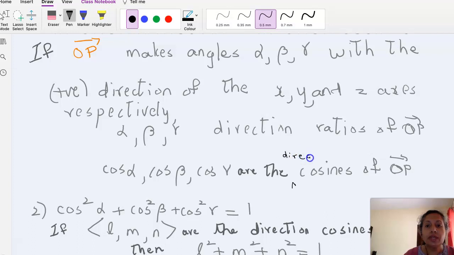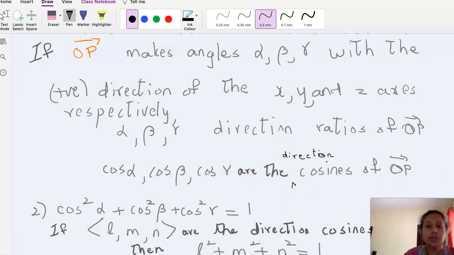So remember, if a line makes angles alpha, beta, gamma with the positive direction of the x-axis, y-axis and z-axis, then alpha, beta, gamma are the direction ratios, and cos alpha, cos beta, cos gamma are the direction cosines.